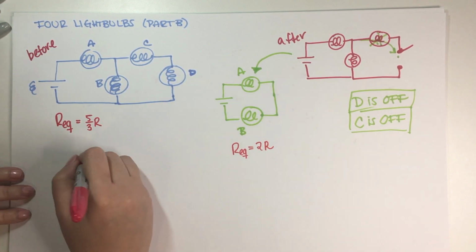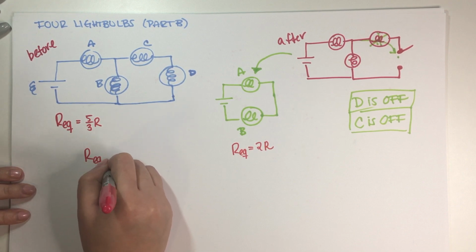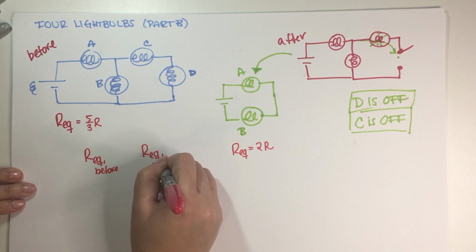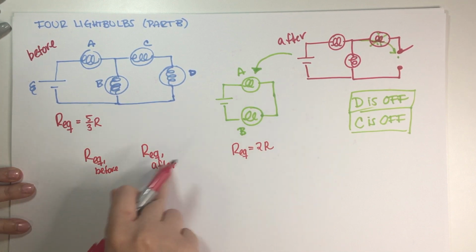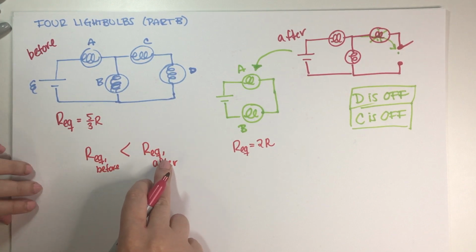Now this means that my equivalent resistance actually increased like this.